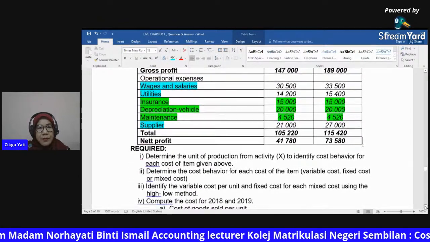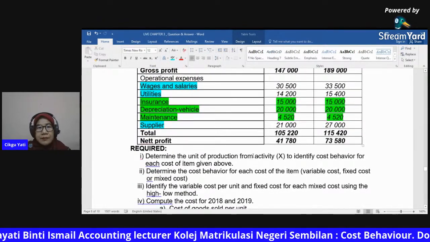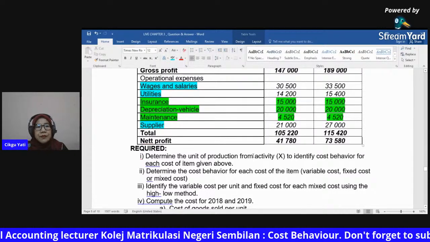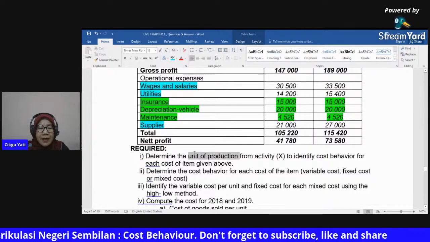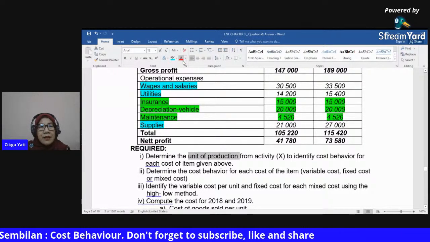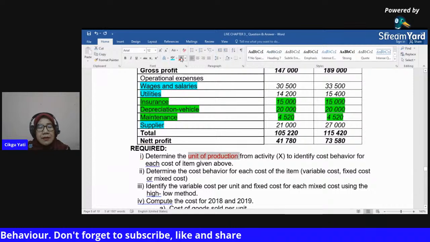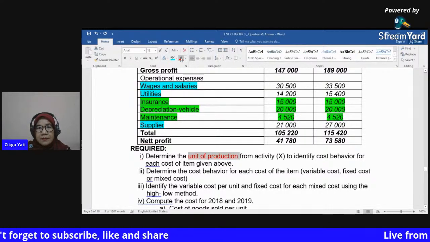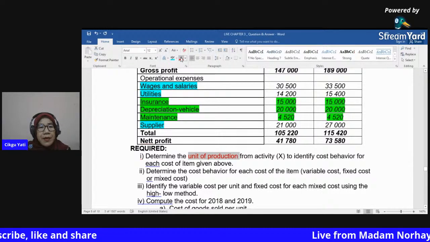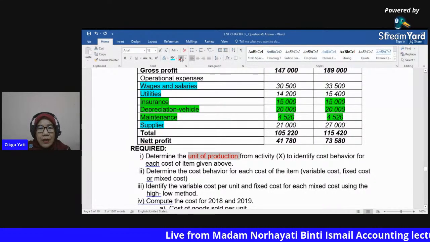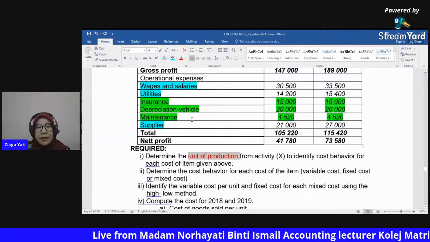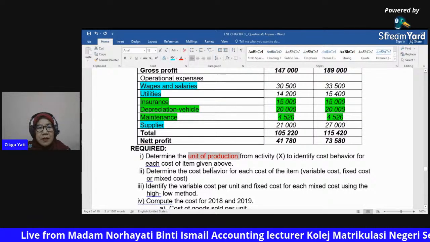Okay, you can see this one. You have to determine units of production. As I have told you, you have to calculate unit sales. That one represents the level of activity. And the second one, you must determine whether variable, fixed, or mixed cost.